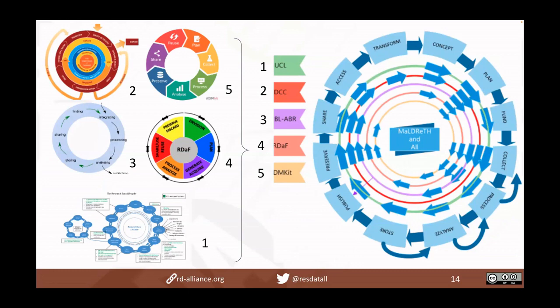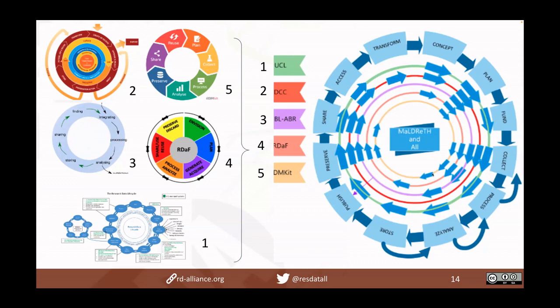We looked at each of these 5 candidate research data life cycles, and then did a sparse mean squares n-dimensional alignment, mostly based on semantic values, but also looking a little bit at the sequential values as well, so that what you see in the outside ring on the right-hand side of this diagram is the final harmonized version, minus one little tweak that I'll talk about slightly later, which is where fund actually comes in the cycle. Which, spoiler alert, it's not actually in the cycle, it's a little bit outside.